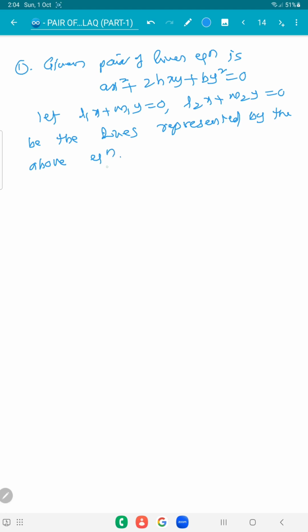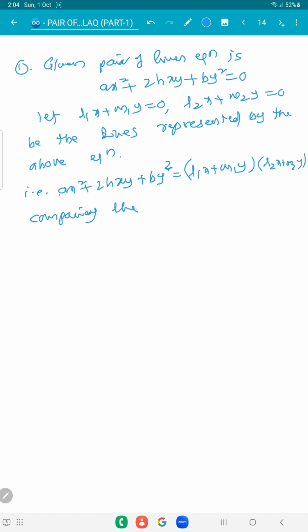Above equation, that is ax square plus 2hxy plus by square is equal to product of these two lines, L1x plus M1y and L2x plus M2y. So comparing the quotients of like terms now. Like term means quotient of x square, quotient of xy, quotient of y square.